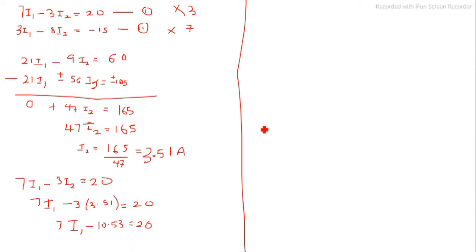Bring this to the other side: 7 I1 equals 20 plus 10.53, that's 30.53.